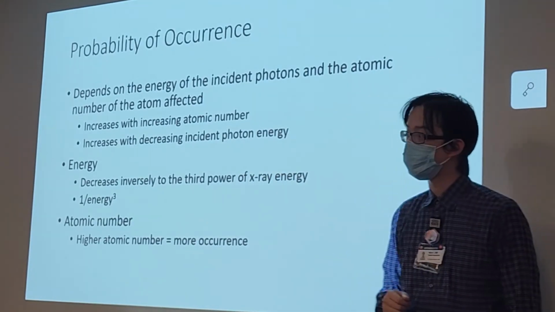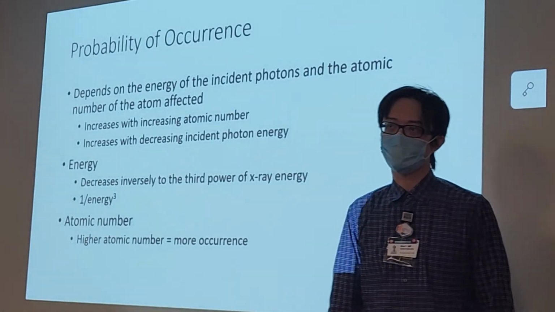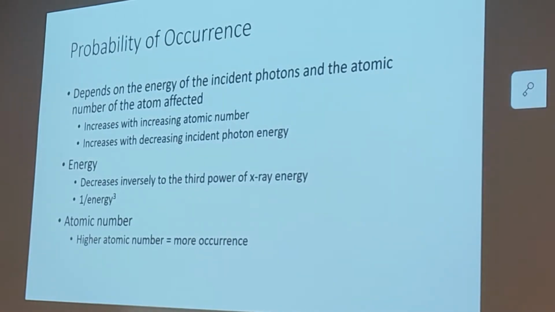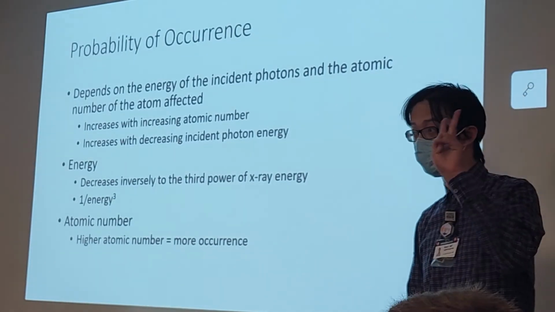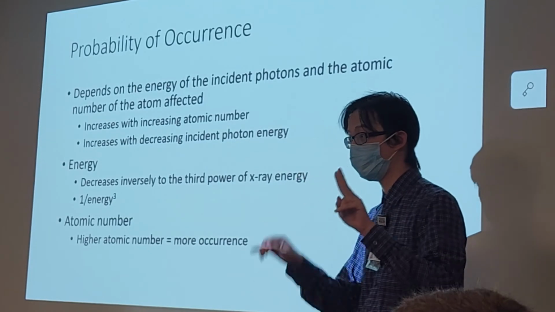What does it mean by the third power? The amount of absorption changes by a cube. If you change the energy by a factor of 2, the amount of absorption changes by a factor of 8.